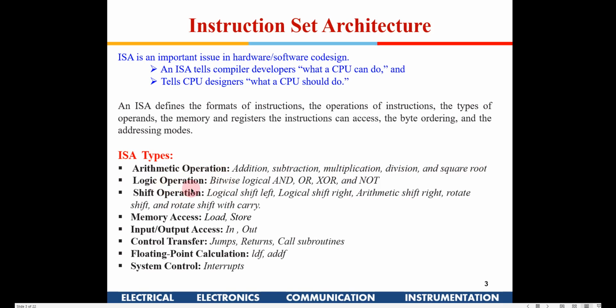Similarly you have logical operations like bitwise logical AND, OR, XOR, or NOT. And what does bitwise mean? Suppose I have an 8-bit register, like A0 to A7, and similarly I have a B register, B0 to B7, and when I do AND of A0 and B0, the AND will be done between those two corresponding bits.